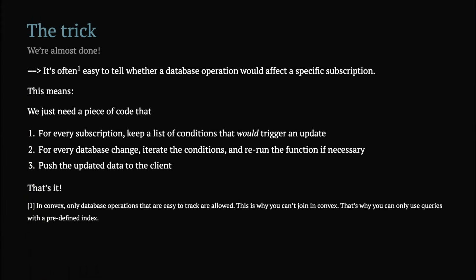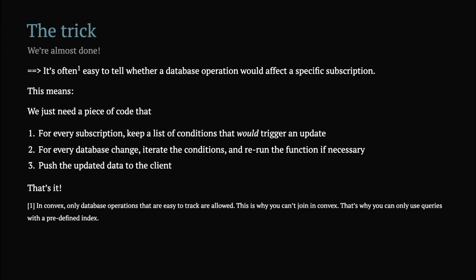Basically, it is often super easy to tell whether a database operation would affect a specific subscription in the front end. That means we just need a piece of code that for every subscription keeps a list of conditions that would trigger an update, and then for every database change, we iterate over this list of conditions and rerun the function if necessary. And that's the entire magic with how you keep the front end in sync.